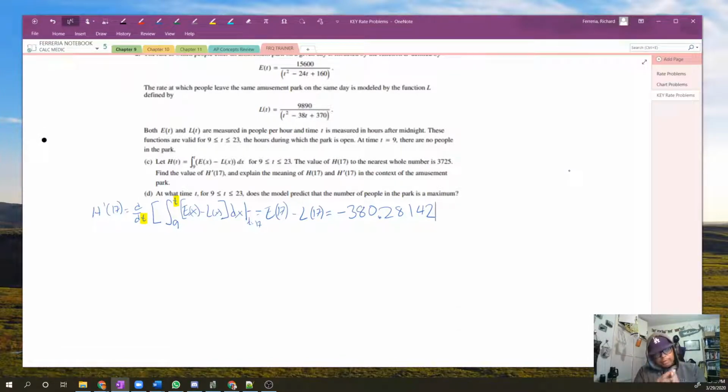If it's the rate that people enter minus the rate that people leave, H is then the rate that the number of people in the park is changing. So when t equals 17, the number of people in the park is increasing at 3,725 people per hour.